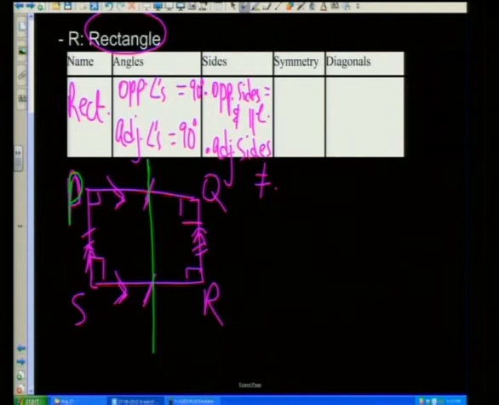The same would happen if you had a line of symmetry that is horizontal. So you've got two lines of symmetry. The point here is that you've got two lines of symmetry.